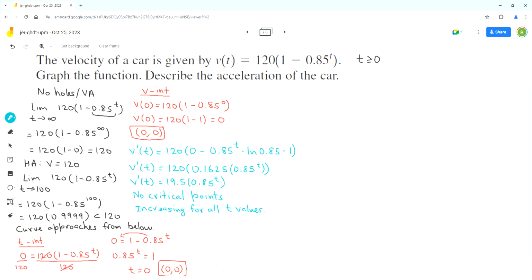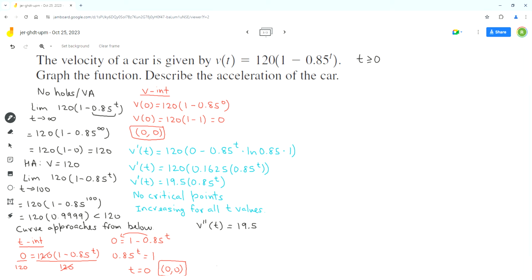Now we can analyze the second derivative of this function and do the inflection point analysis. We can find the inflection points for the function v at t, and for that we need the second derivative of the function v at t. So we have to find the derivative of the first derivative. In the first derivative, 19.5 is the coefficient of the term, so it will stay as it is.